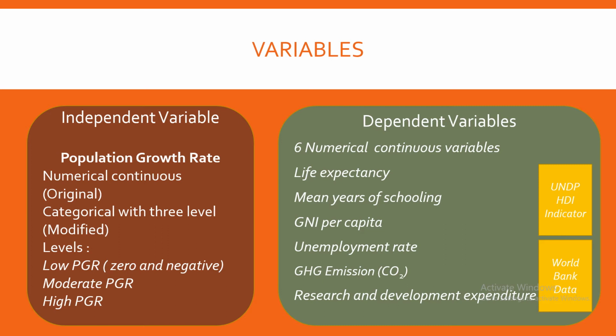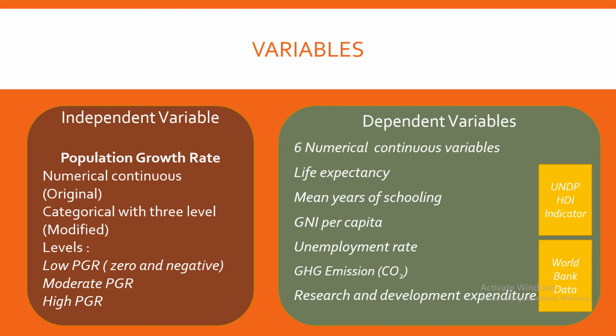When I went through the literature I found some gap there, and as per that I have added 3 other variables: unemployment rate; GHG emission, that is greenhouse gas emission, related with fossil fuel consumption, where I am thinking to observe only carbon dioxide, because that is the major GHG contributing to global warming; and lastly, expenditure on research and development.